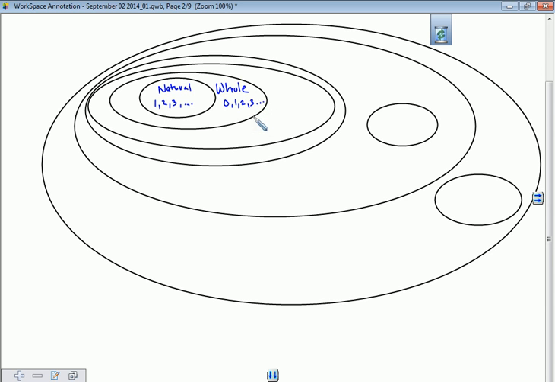And then there's integers. When we look at whole numbers and their opposites, we now have integers. So I could go -3, -2, -1, 0, 1, 2, and so on.